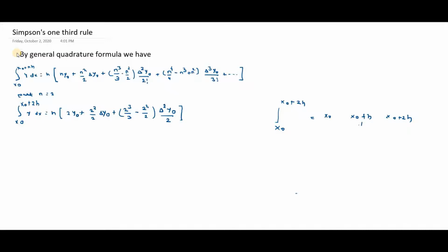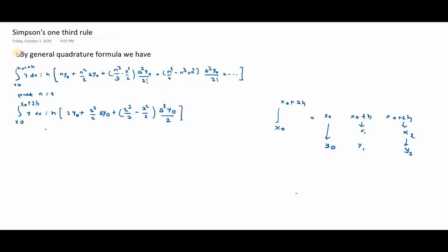This x naught plus h is x1 and x naught plus 2h is x2. The corresponding values of y are y0, y1 and y2. So the forward differences of order greater than 2 do not exist, as we have a set of only three values, y0, y1 and y2.